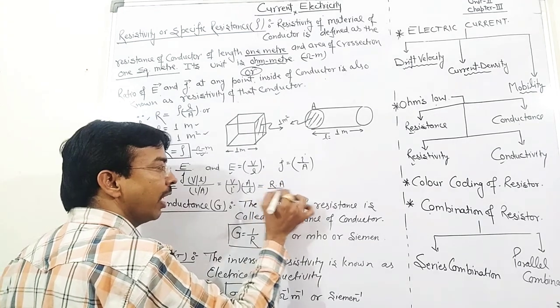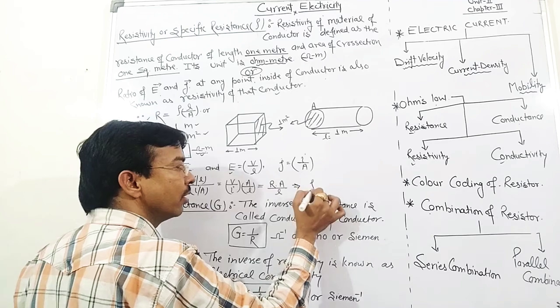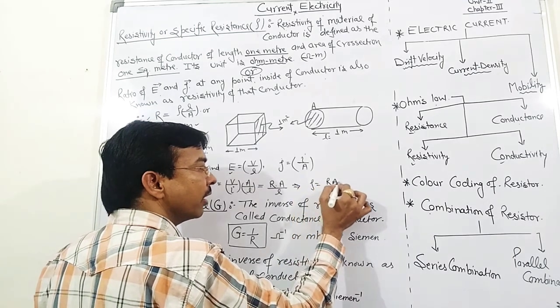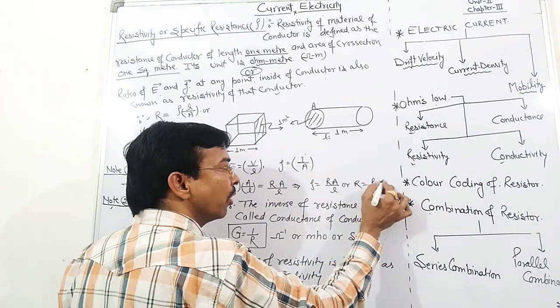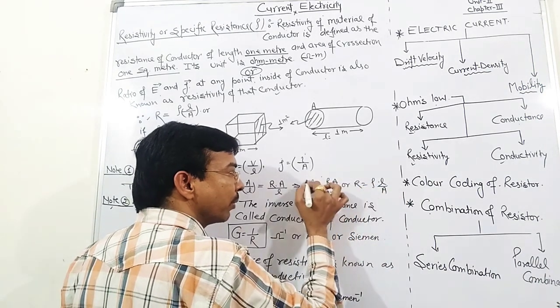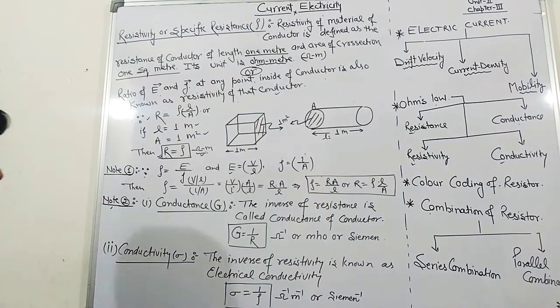So it will be RA by L. So what should be the result? You know very well, rho becomes RA by L और R becomes rho L by A. तो ये आपने फॉर्मूला प्रूफ कर दिया जिस फॉर्मूले को आपने यूज किया था.